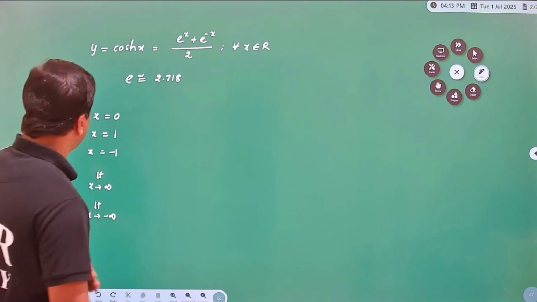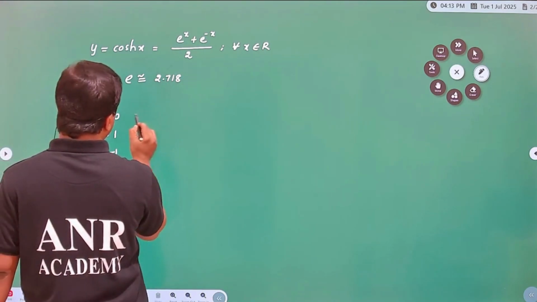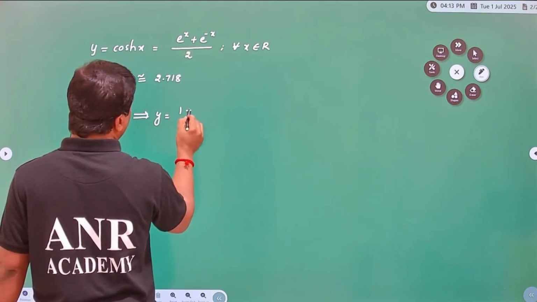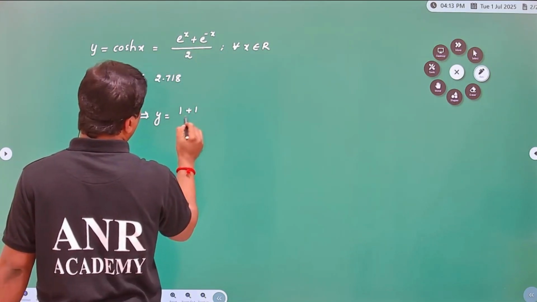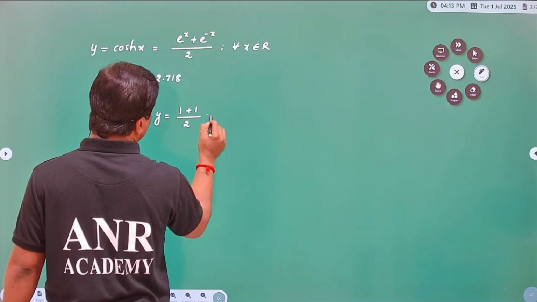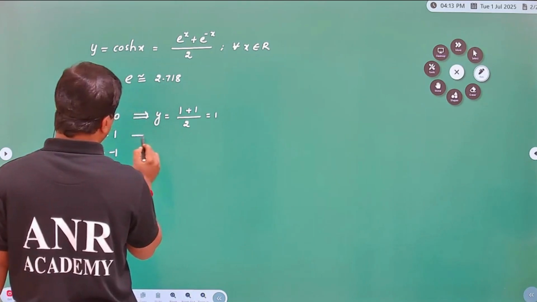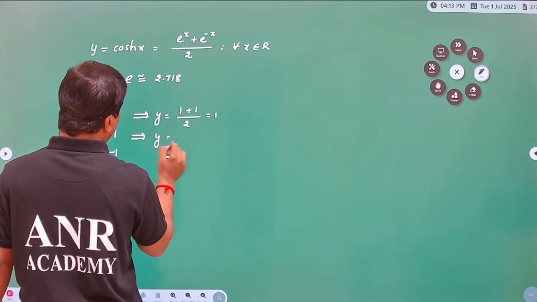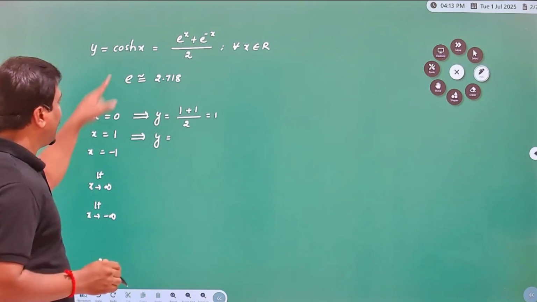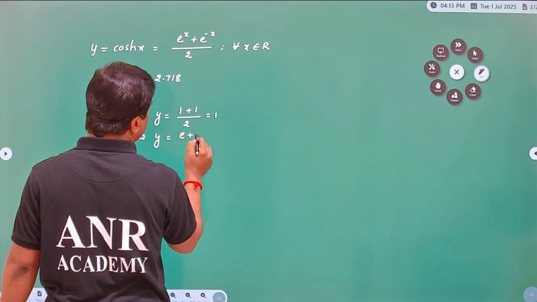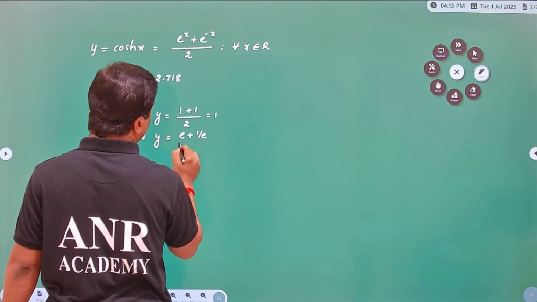Let us observe. By writing x value 0, y becomes e power 0 is 1, e power 0 again 1, divided by 2, that is 2 by 2, which becomes 1. Next, suppose the value of x equal to 1, it is e plus 1 by e divided by 2.